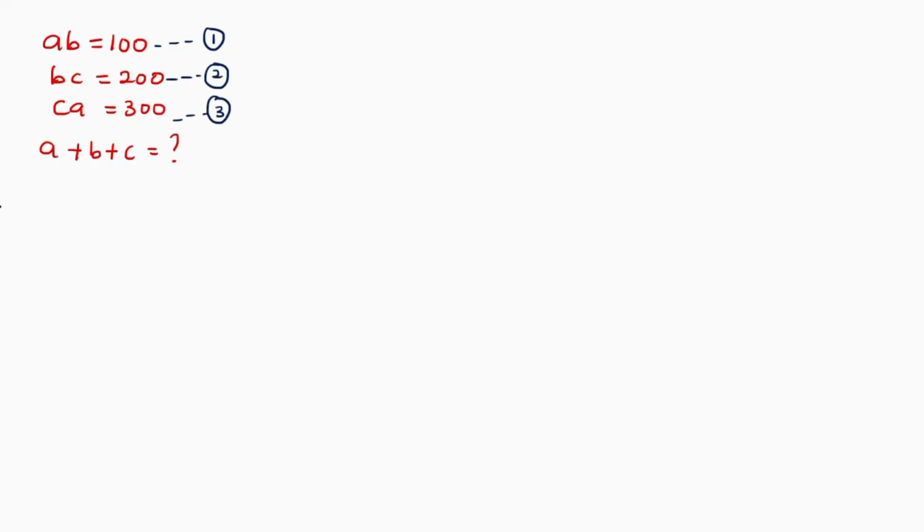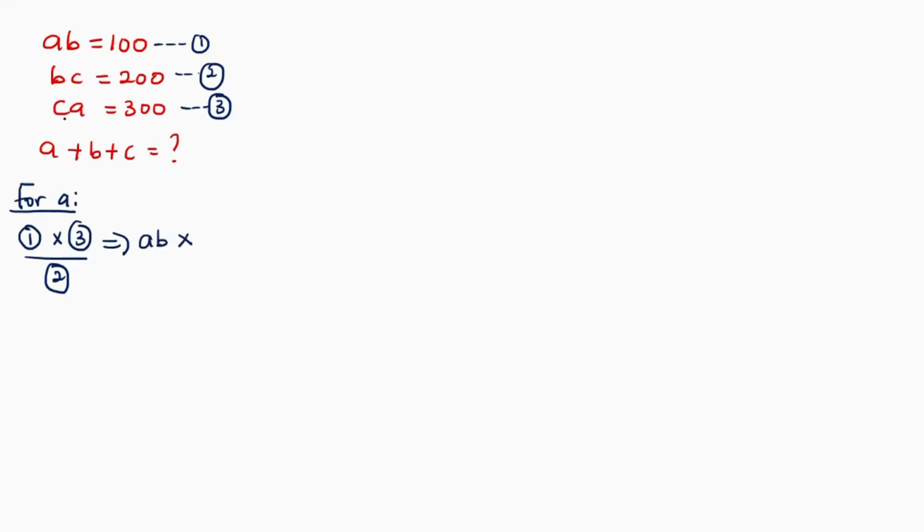So the first thing we want to do is to solve for A. For A, all we want to do is to simply multiply equation 1 by equation 3 and divide through by equation 2. This implies that we have AB multiplied by equation 3, which is CA, over equation 2, which is BC.